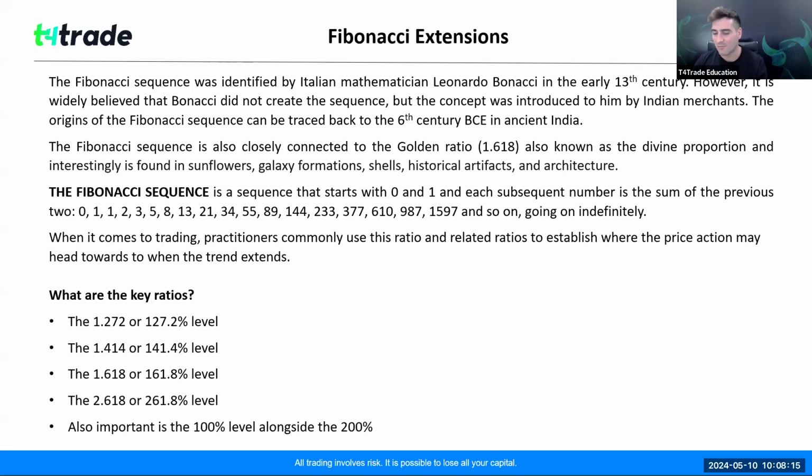And this ratio can interestingly be found pretty much everywhere in nature around us. For example, in galaxy formations, in seashells, in historical artifacts, in architecture, in flowers, in human faces, in human anatomy as well.